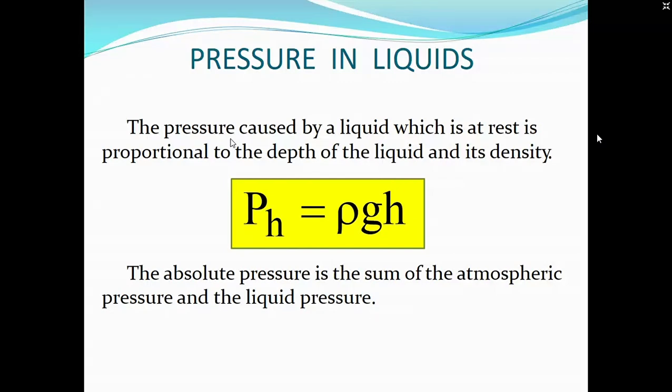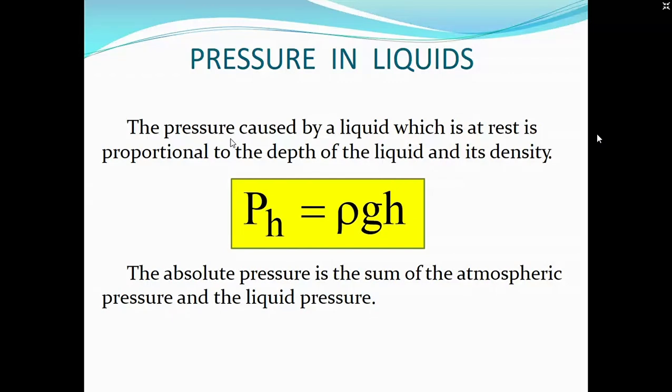Due to the weight. That's why P from pressure, H from hydrostatic, rho, which previous time we mentioned is the Greek letter which we use for denoting density, then g, the acceleration of gravity, which is a constant, and height or depth, depending on the specific situation.